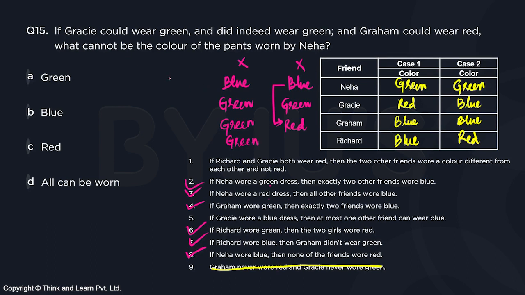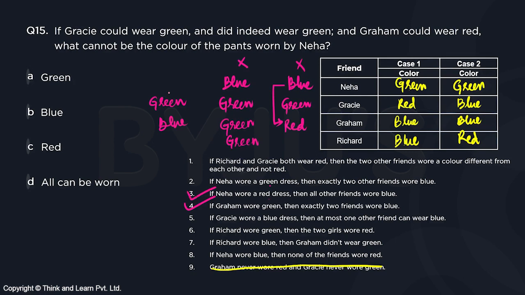Let's look into the next scenario where Gracie does wear green while Graham wears blue, the next color possible. Let's restart. If Graham wears blue, the fourth is done. Now, if Neha wore a red dress, then all other friends wore blue.